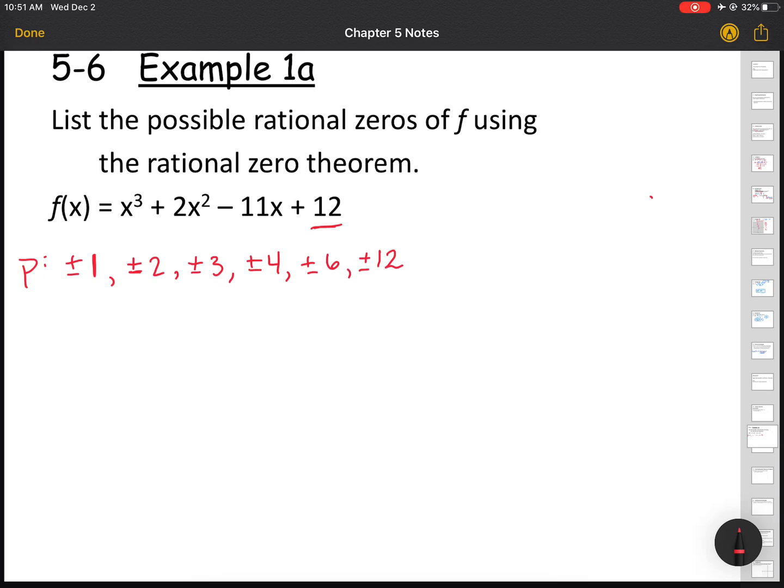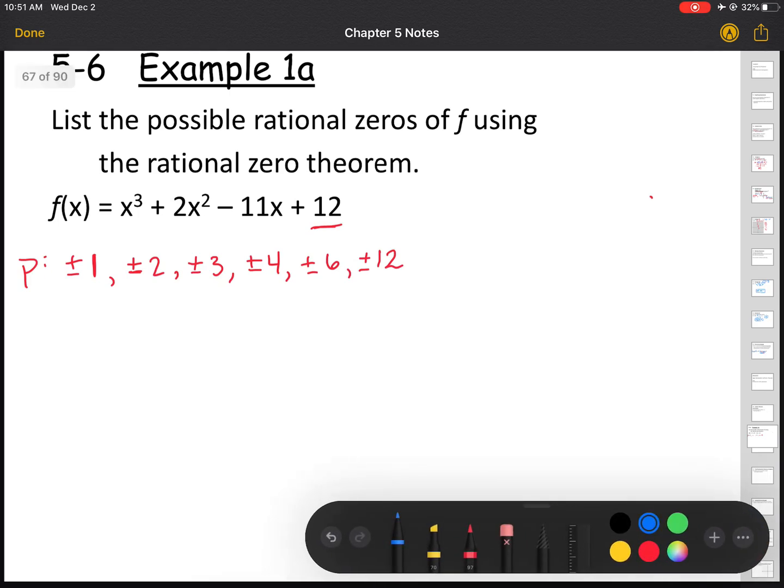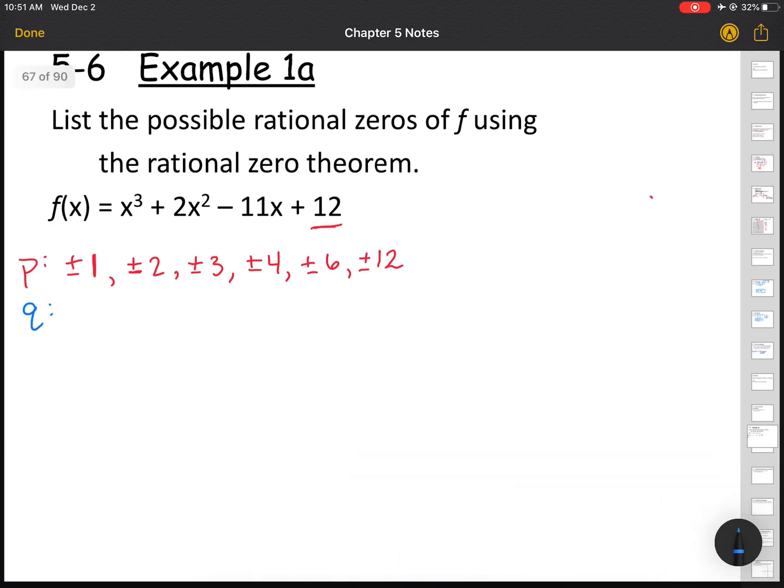But if we want to look at q, remember that's the factors of my leading coefficient, which is just 1 right now. So the only factors of 1 are just itself, in the positive or negative case. So if we want p over q, or the possible rational zeros from this polynomial, all I need to do is put p over q.